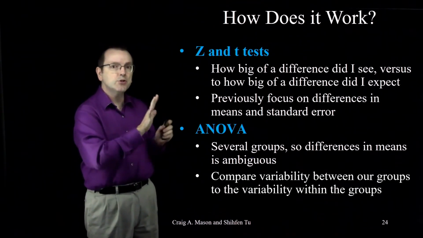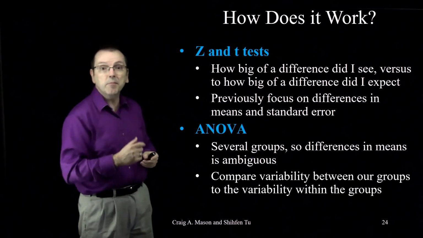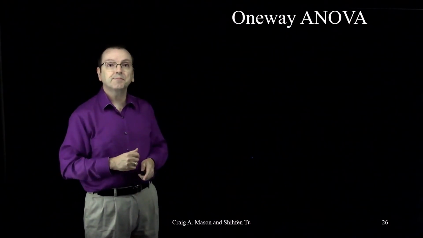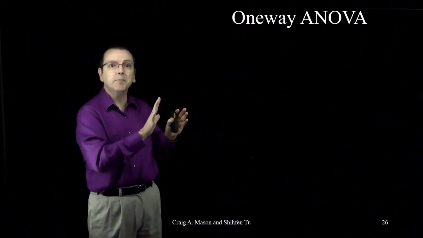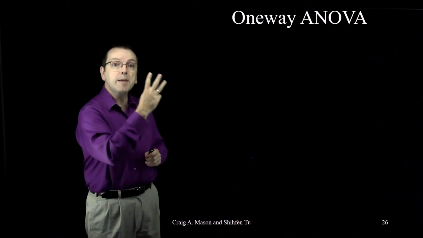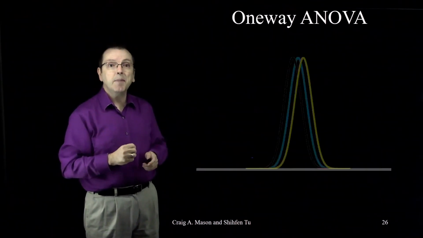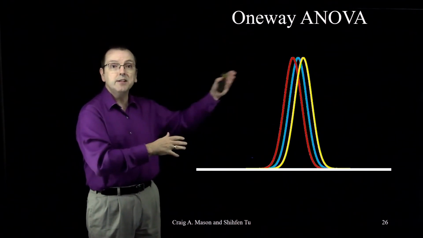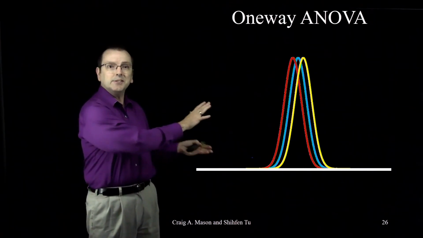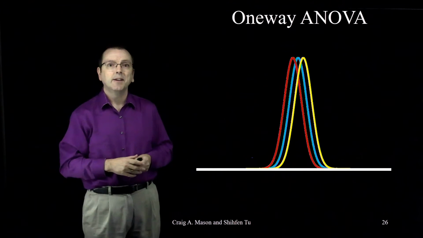Let's look at a visual illustration of what I mean by variance between groups and variance within groups. So to keep things simple, let's say that I'm comparing samples from 3 populations, and I make a graph comparing the distribution of scores in each of these samples. It looks something like this.